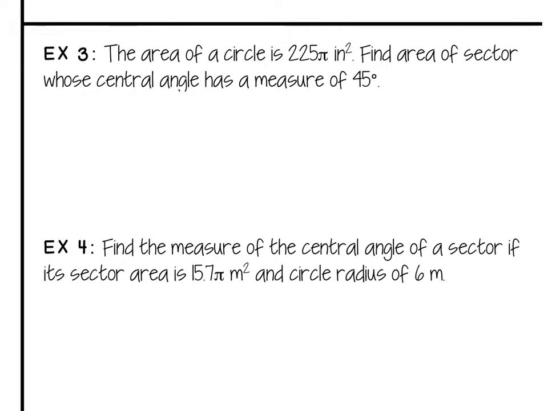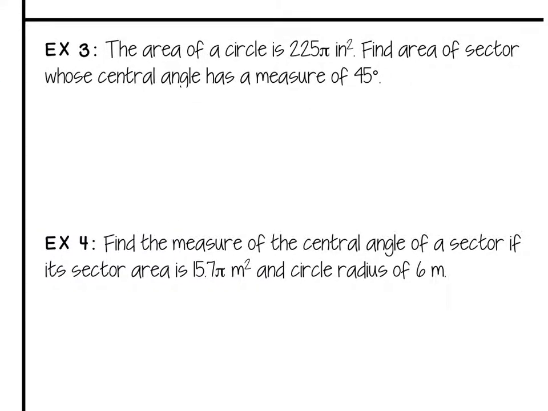All right. Example 3, the area of a circle is 225 pi inches squared. Okay, so remember in my formula, area is pi r squared. Find the area of the sector whose central angle of the measure is 45. So I'm going to do 45 degrees out of 360 degrees times my area, which they already gave me, 225 pi.